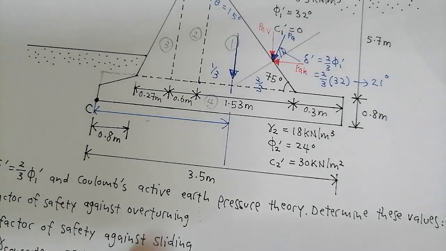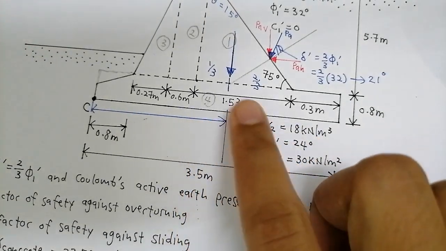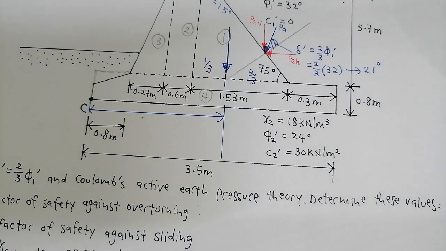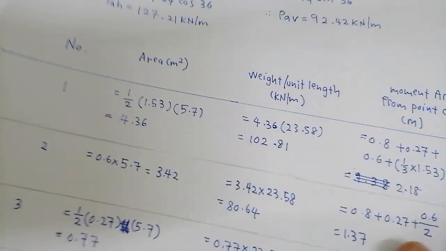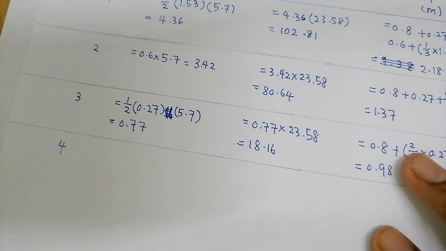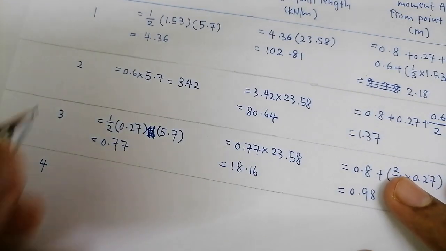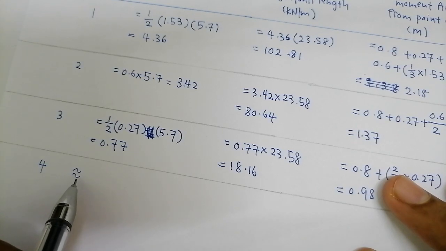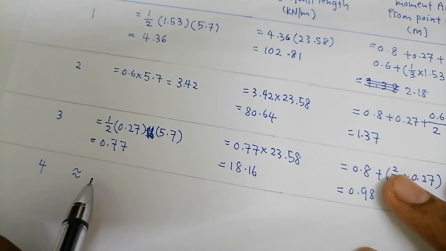And the second option is you can also calculate the area as a perfect rectangle. So therefore in your table you have to use this symbol. This means approximately equals to.